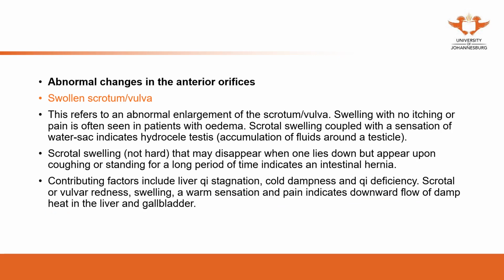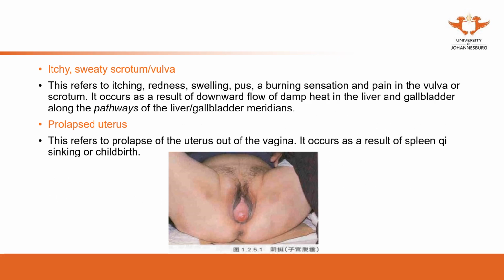So it can be either cold dampness or qi deficiency. As you can see, the contributing factors include many different pathogens. And these are possible pathogens. When you diagnose, we're going to use other symptoms. Itching, sweating.